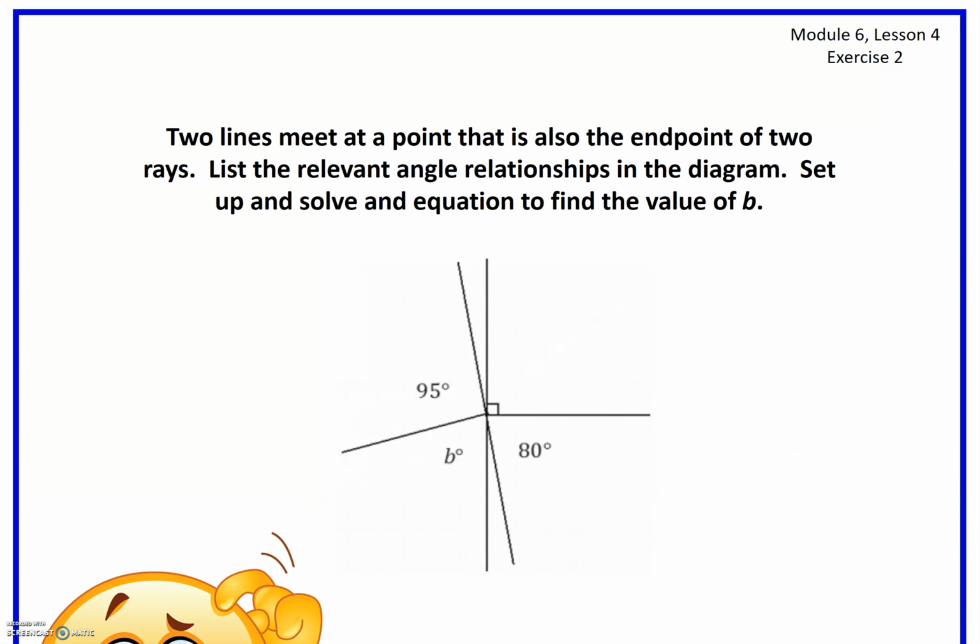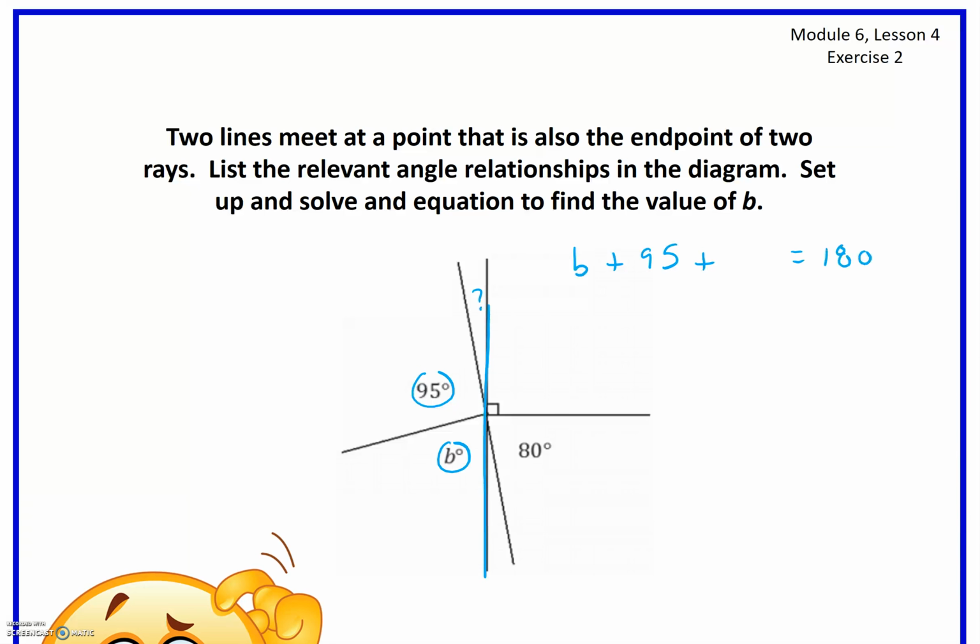Exercise 2 has a bit of a twist to it, similar to the explanation I had at the first problem in this video. We can figure out something just logically. We know that's a straight line, so it's 180 degrees. We know that B plus 95 plus this angle adds up to 180 degrees.